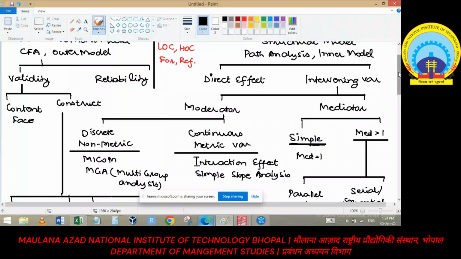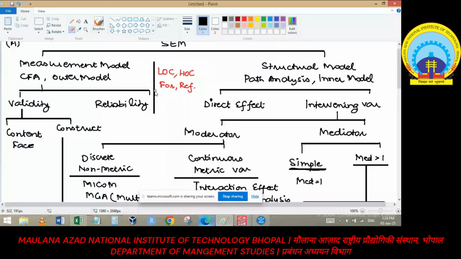Reliability is again of many types, but two of the types we can discuss here. I hope it won't cause any confusion. So the reliability portion we can divide into two parts, and the two parts will be one, internal consistency.